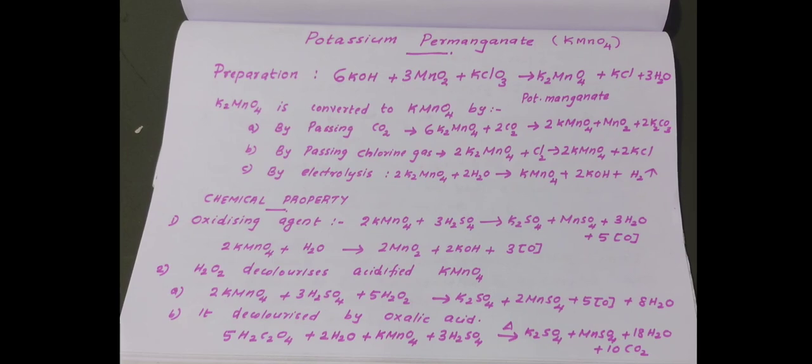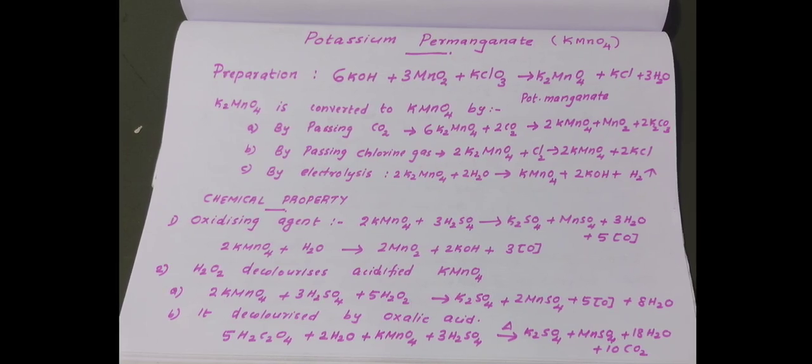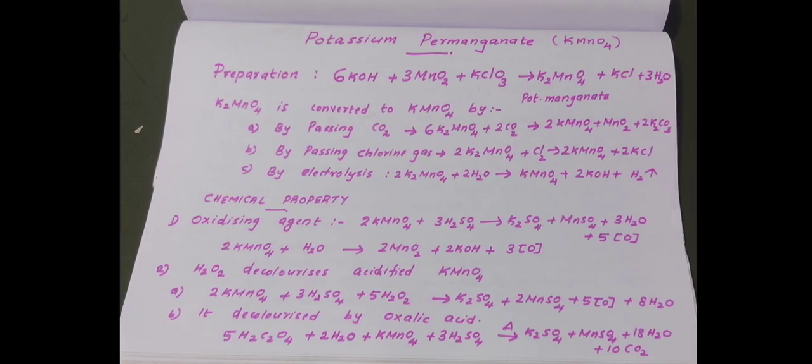Next we are going to discuss some examples of the oxidizing property of potassium permanganate. For example, potassium permanganate, when treated with sulfuric acid or in presence of any acidic medium, can liberate 5 molecules of nascent oxygen.